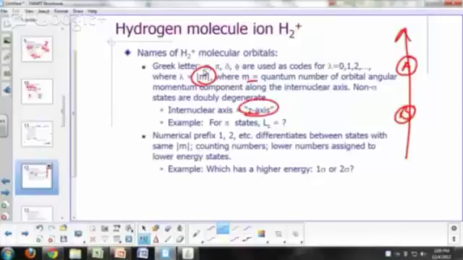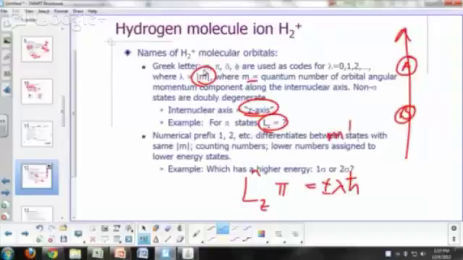So for pi states, what would be L sub z? It's going to be lambda h bar, instead of m sub L h bar. So plus or minus lambda h bar, actually. It's m h bar, okay?